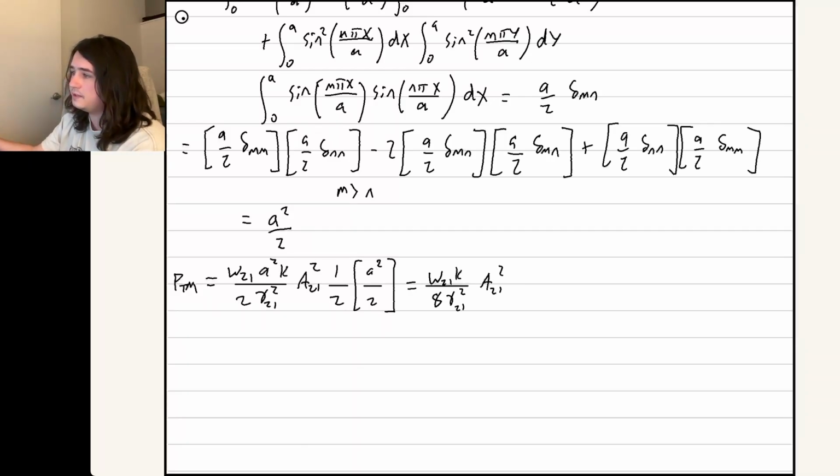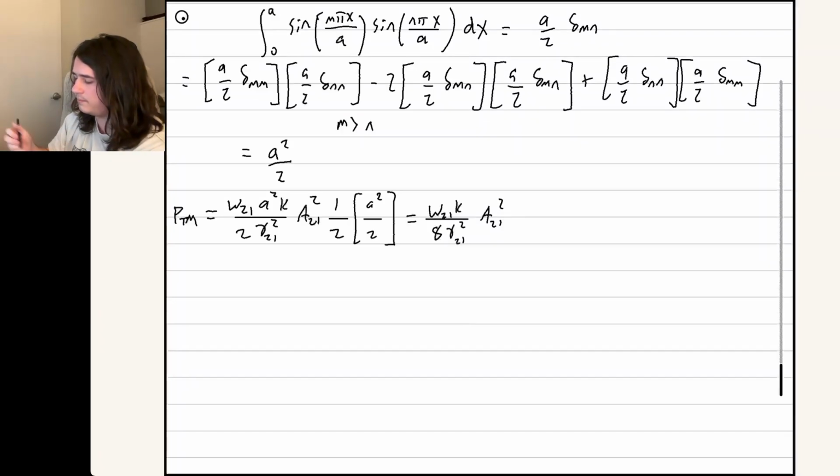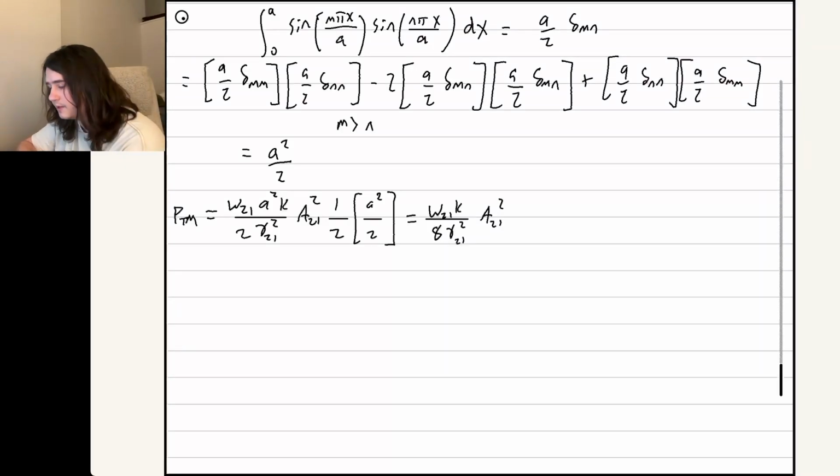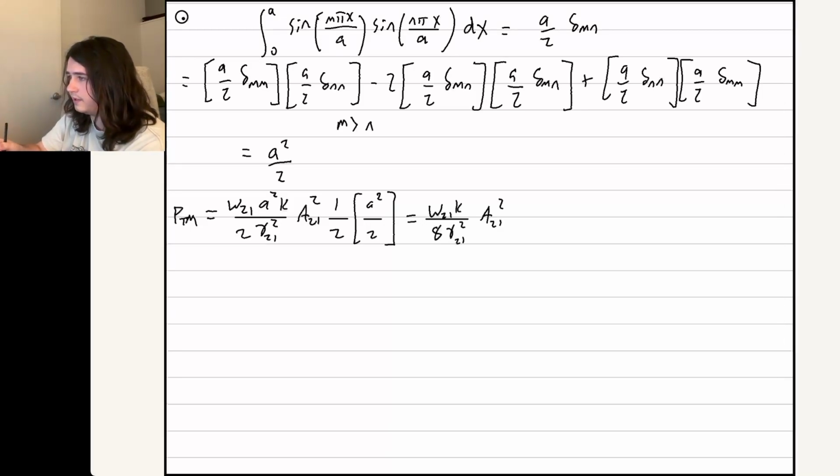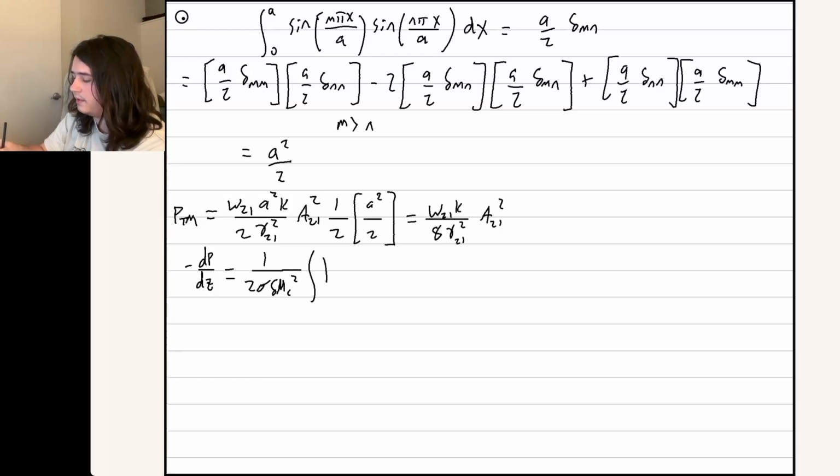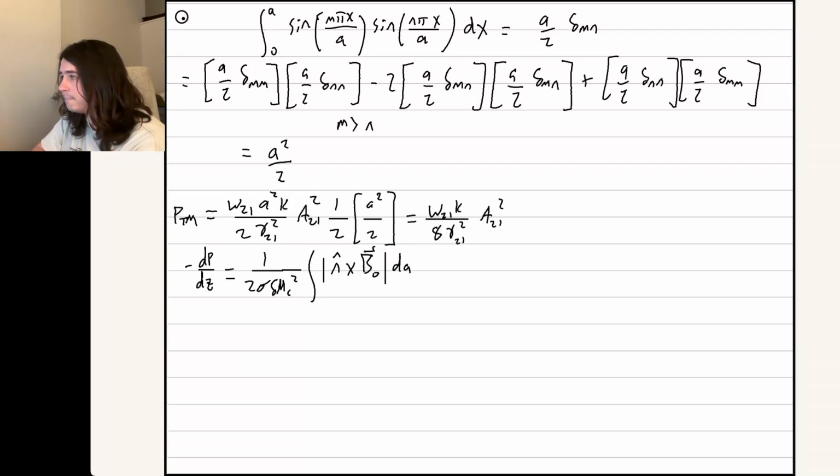To get dP/dz, notice that this power doesn't actually depend on z, so we'll have to get a little bit creative. Noticing that the negative derivative of P with respect to z will just be 1 over 2 sigma delta mu c squared, and you're integrating over the power loss per unit area, right?